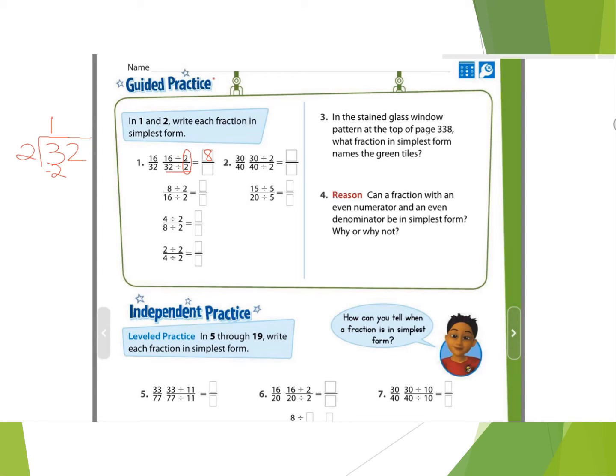Okay, and we'll have a quick check assigned tomorrow that uses our greatest common factors to help us simplify and moving on to the next step. So you're going to do 5 through 19, check it with your partner, then put it in your mailbox.